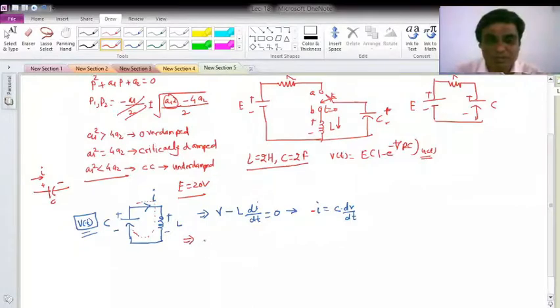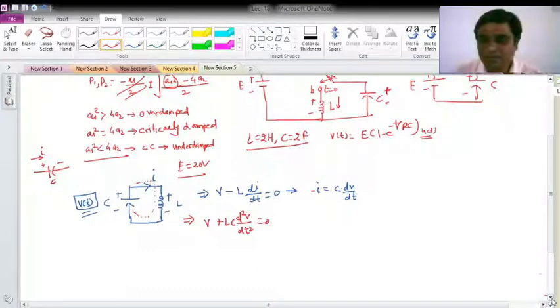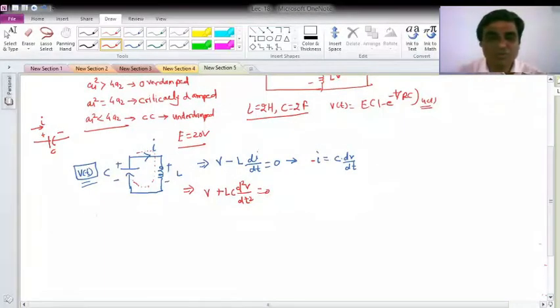So you can write V, and this minus will become plus L into C, then d2V by dt square, which is 0. And now it is again a second order equation, so we know how to solve it.